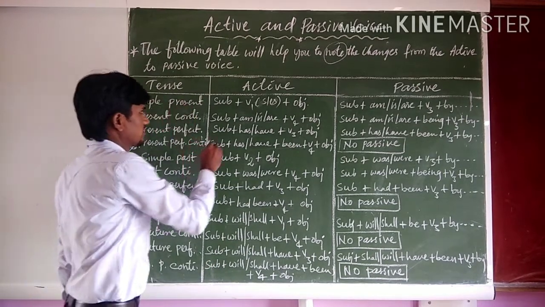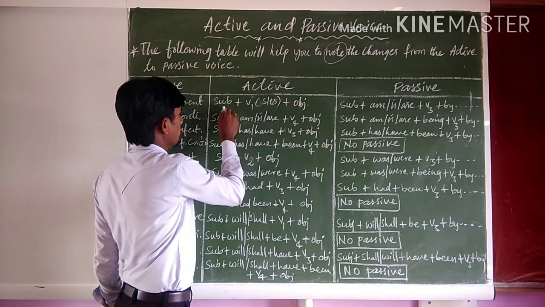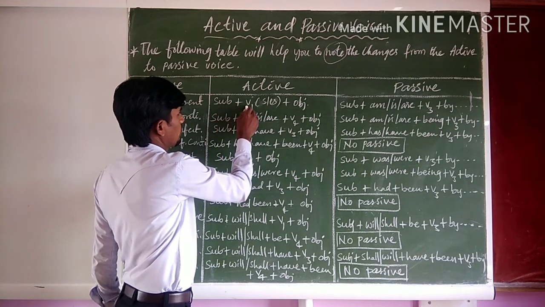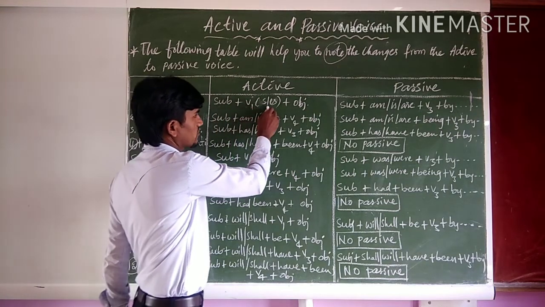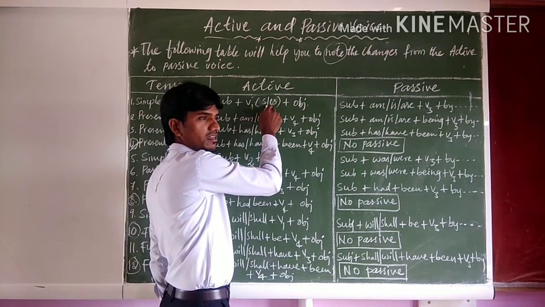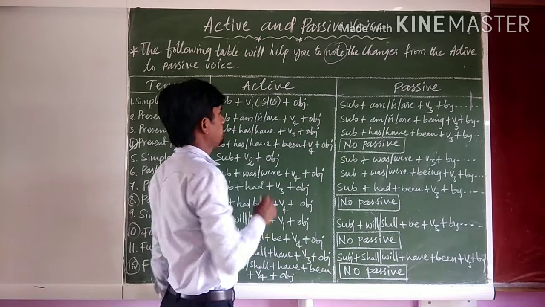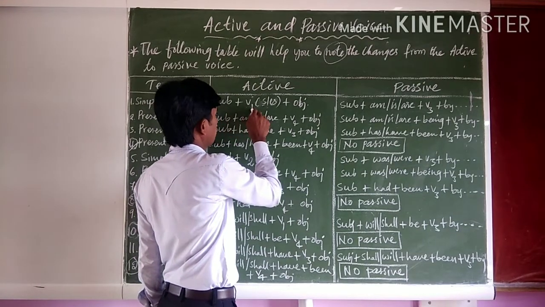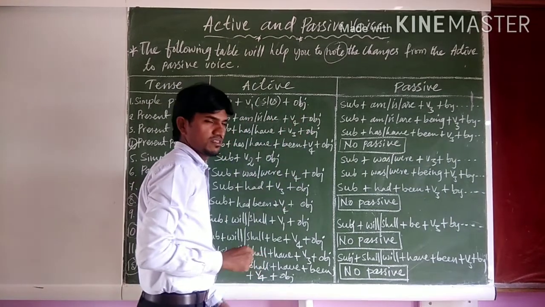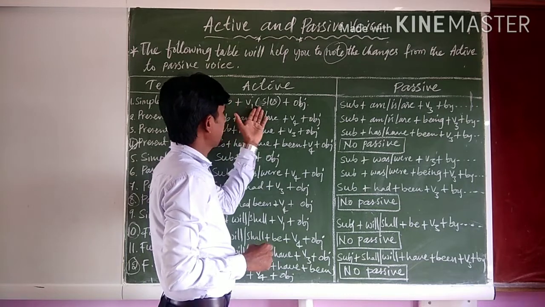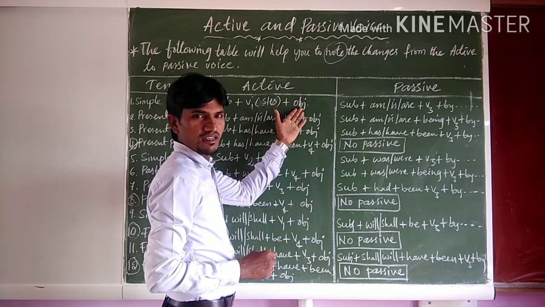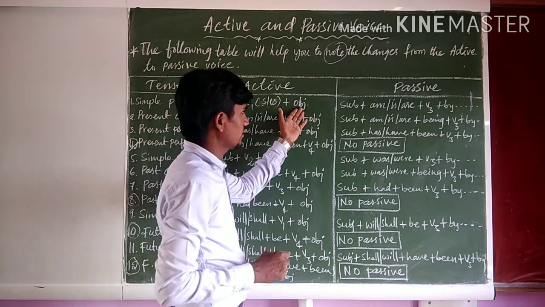Simple present tense. Its active structure is subject plus verb form 1 plus object. If it is third person singular, he, she, it, we add s or es to the main verb. For example, he writes a letter. We have already seen this example.